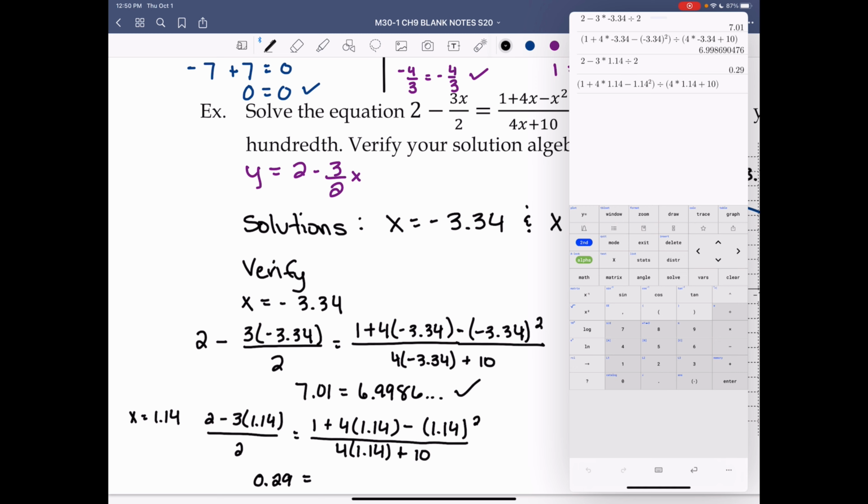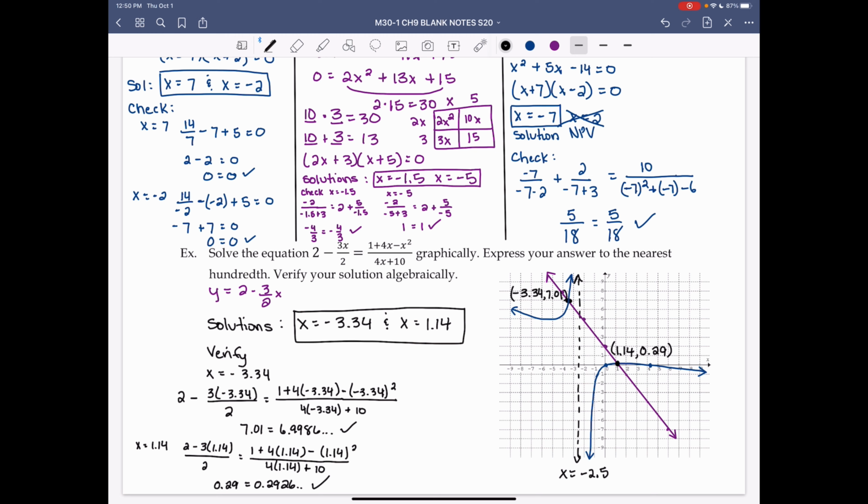Close the bracket for my denominator, enter, we get 0.2926... So yes, that verifies our solution. And we can say that x equals negative 3.34 and x equals 1.14 are solutions to this rational function.